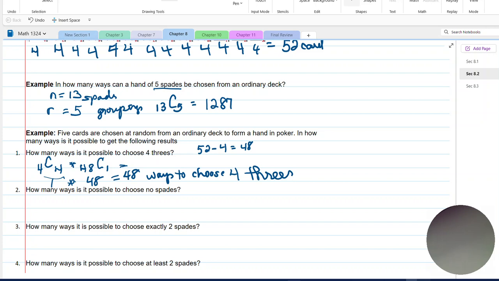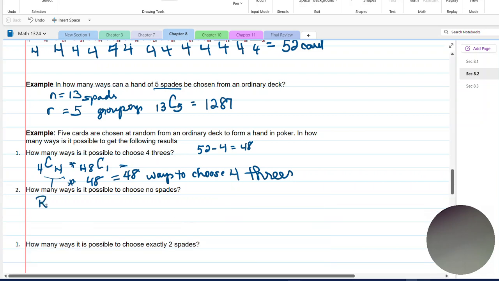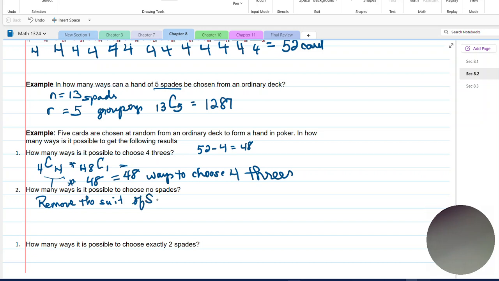All right, and how many ways is it possible to choose no spades? No spades. All right, so this means remove the suit of spades from the deck of cards.